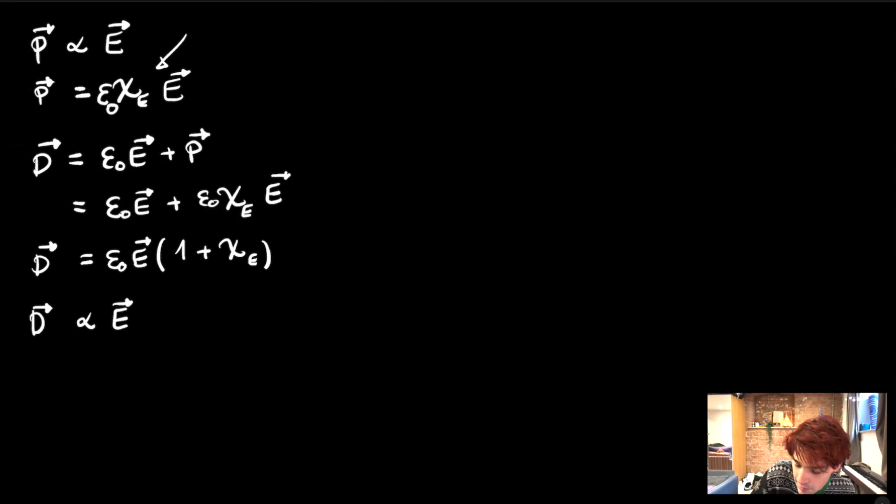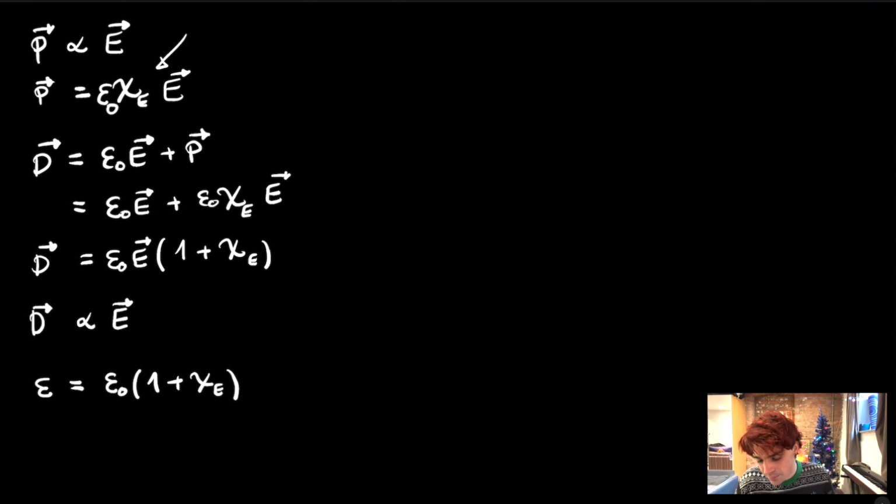And what I'm now going to do is define epsilon as the general permittivity in any medium whatsoever. And this is going to be epsilon naught, which is the permittivity of free space, multiplied by 1 plus chi E, right here.